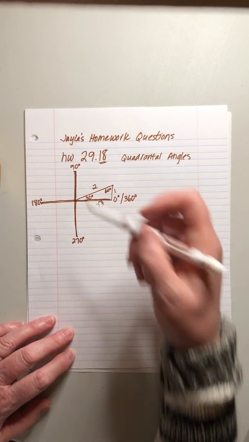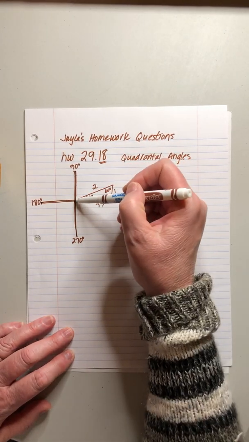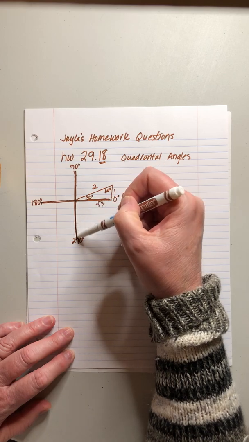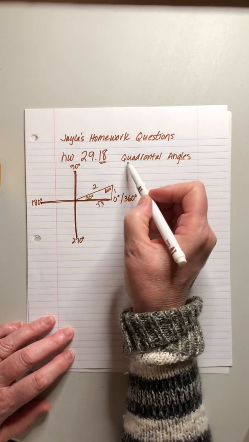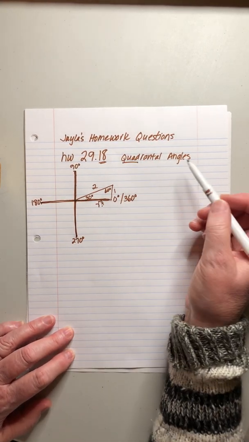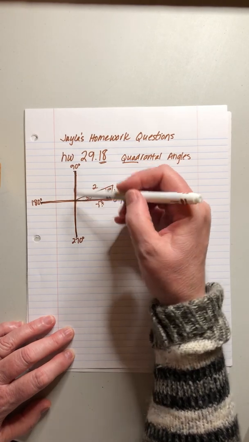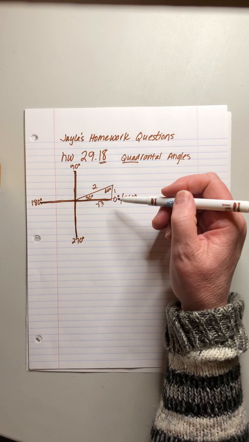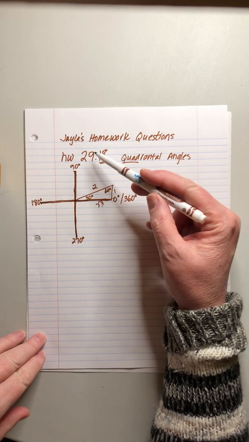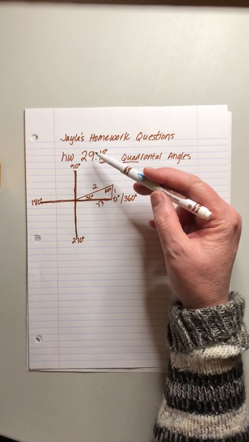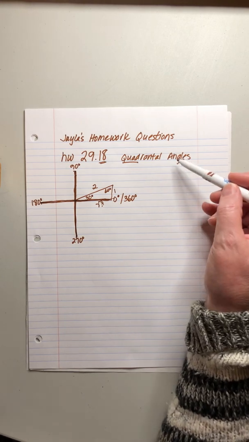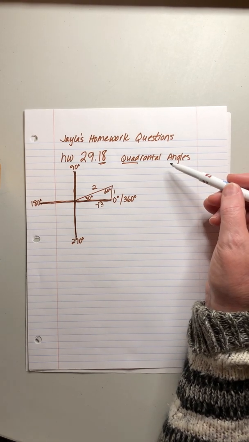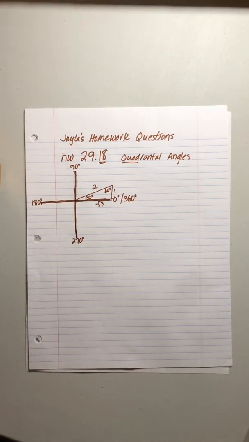All right? So what we're imagining is that the triangle is right at the edge of the quadrant. And that's why we call them the quadrantal angles, because they're angles that fall right on the edge of the quadrant. Now, in that lesson for I don't remember if it was 29 or not, but the lesson where we taught quadrantal angles, I gave you a big, long theoretical discussion of how they're derived.